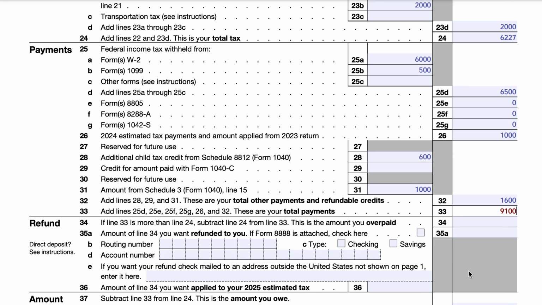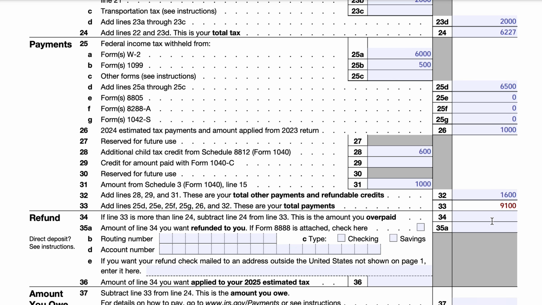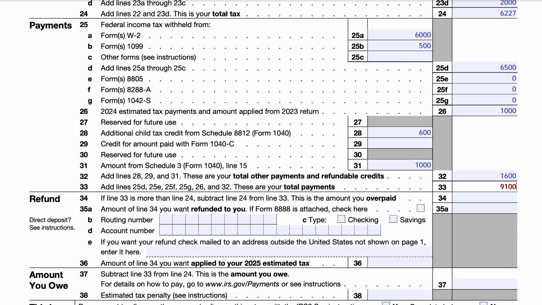And then you have some options on what to do with it. If it's the other way around, if this number is more than line 33, then you still owe some money. And we'll get to that part in just a moment. We'll actually transpose these numbers and go through each situation separately.